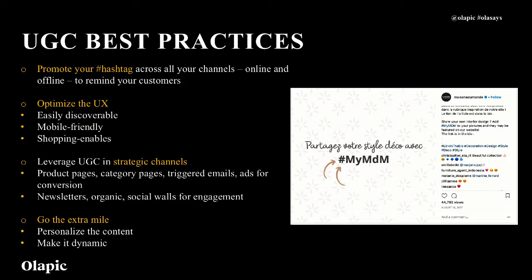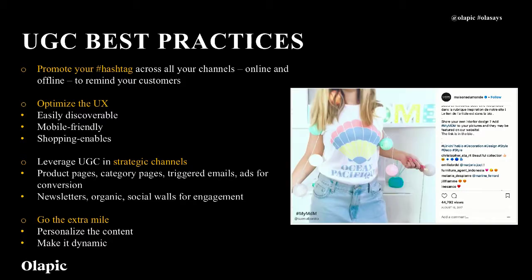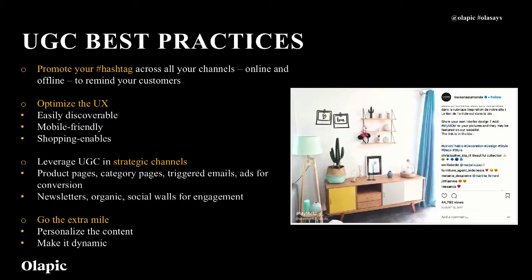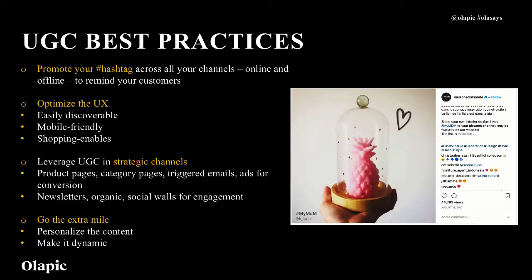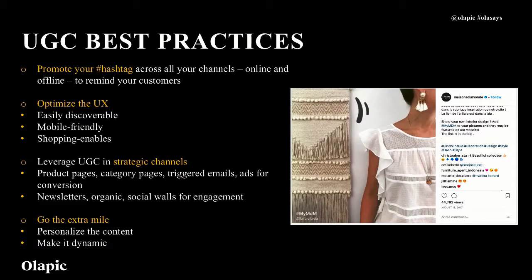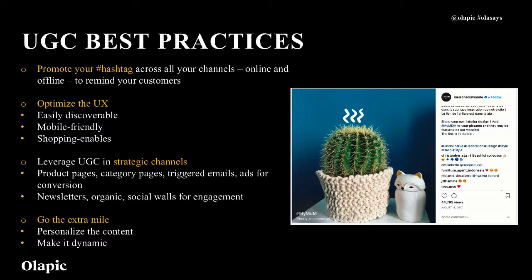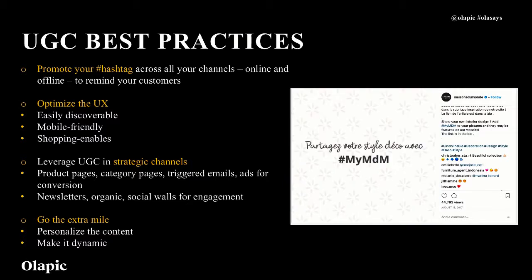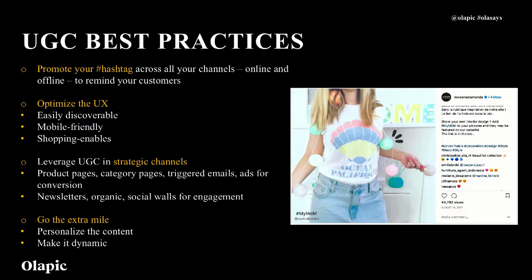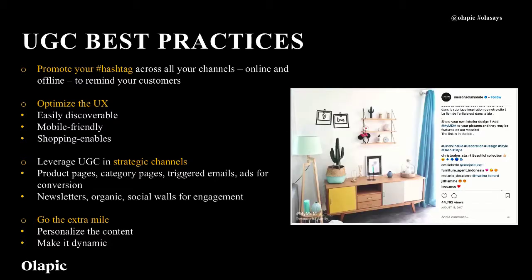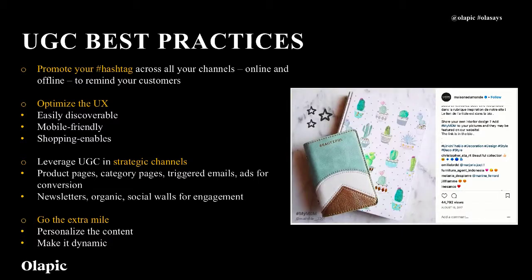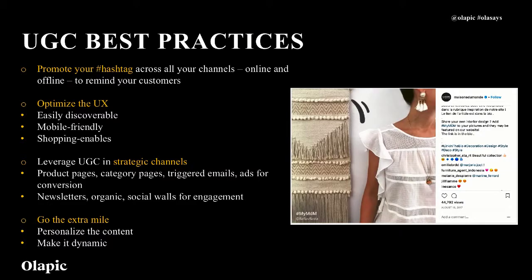For example, make UGC easily discoverable, make the design more mobile friendly and easy to shop with links to product. Third, make sure to leverage UGC in strategic channels. UGC on product pages, triggered emails, and ads are great ways to boost your conversion. UGC in newsletters, social walls, or organic posts are great for engagement.